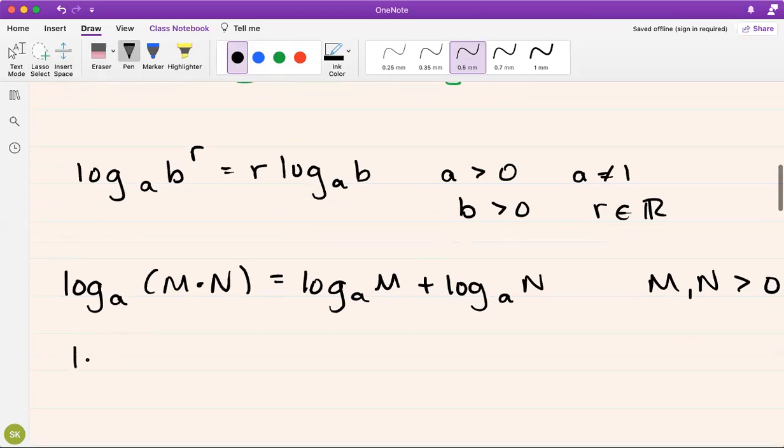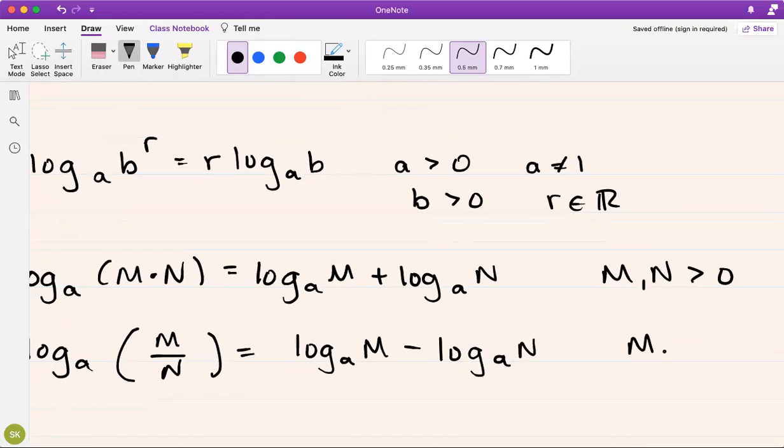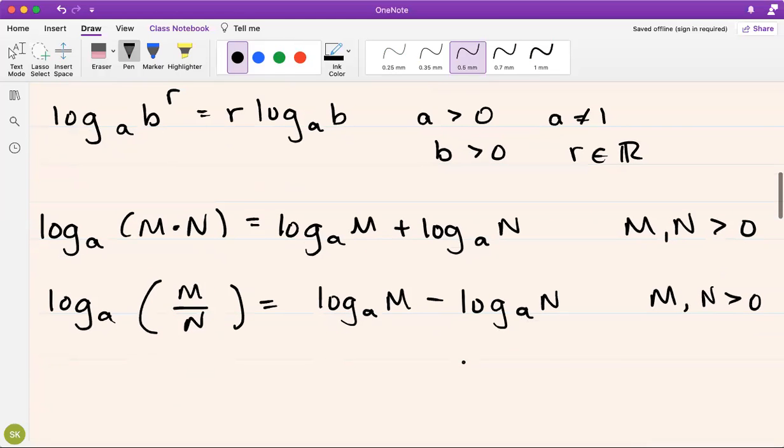And then also, log base a of m over n is equal to log base a of m minus log base a of n. Again, m and n are greater than 0. So division on the inside of a log becomes subtraction on the outside.